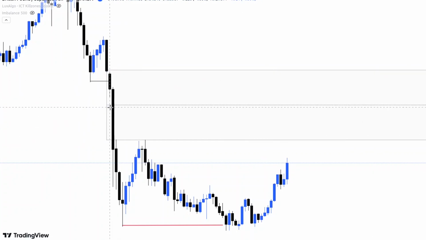We have our 50% areas from this level here, because before then we had a break of structure here, price pushed back, this is a valid pullback, then we have a break of structure to the downside before price came to this range.